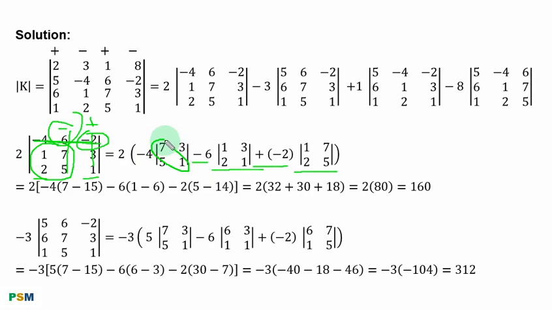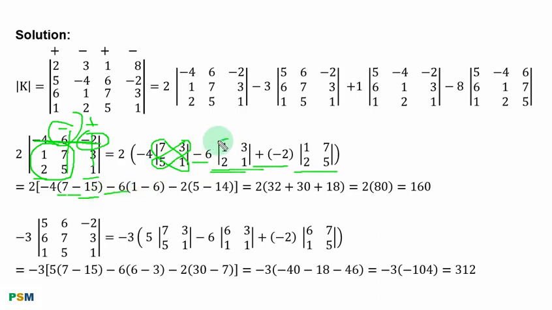The product 7 times 1 is 7. Difference means minus. You take the second diagonal. The product is 15 in this form. You move here, you have -6.